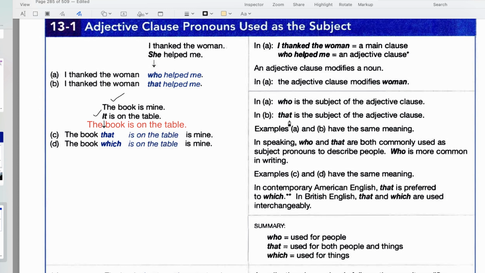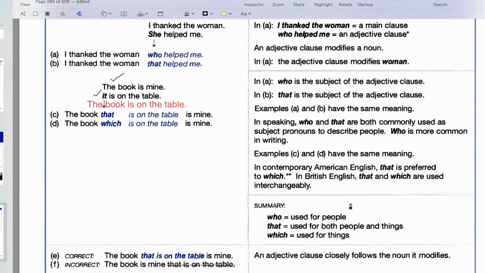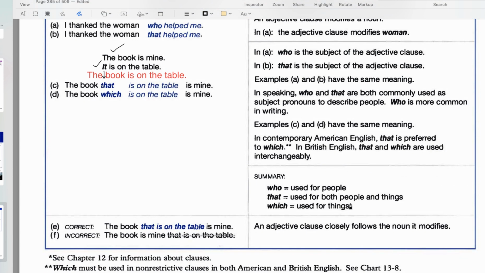We can use which as subjects for adjective clauses. And we use who and that to describe people, who is more common in writing, as we discussed. Generally in American English, we use that more than we use which, and in British English, which and that are used interchangeably, but you're not going to be wrong no matter what you use, okay?